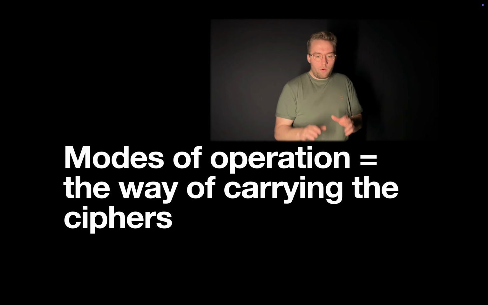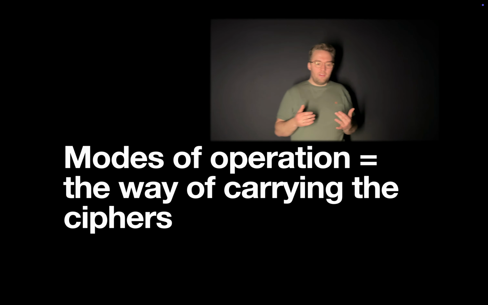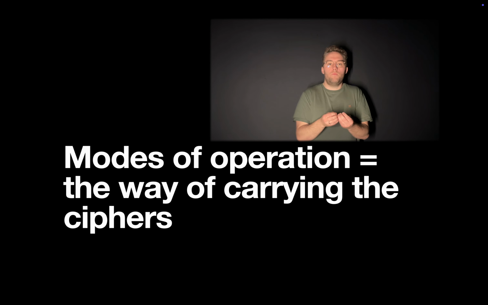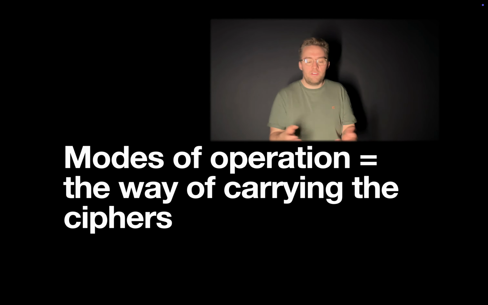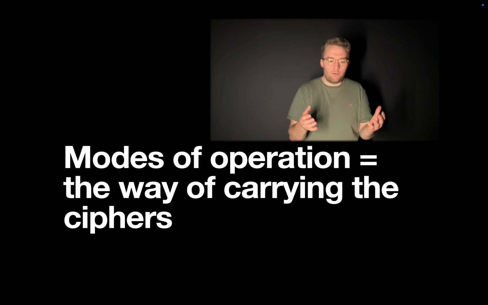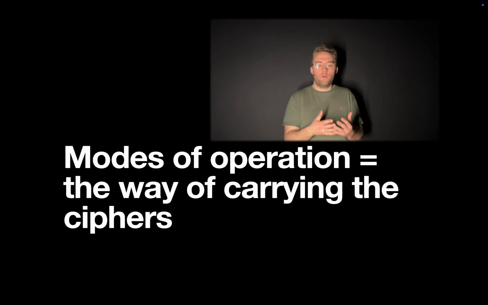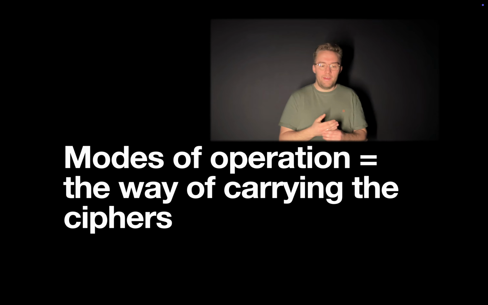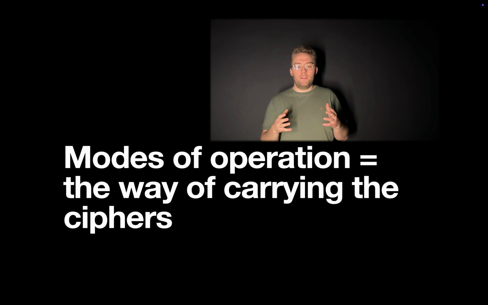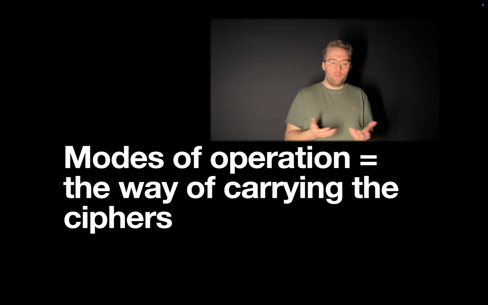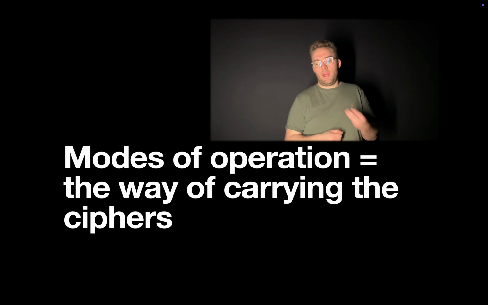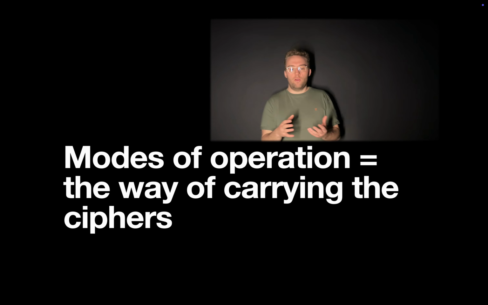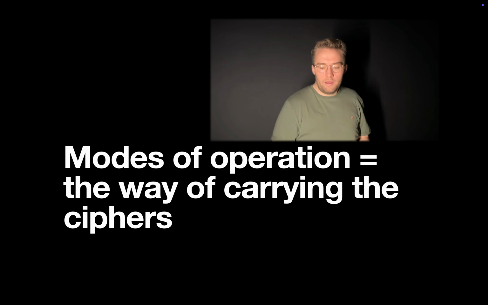It is the way the ciphers are carried on. After encrypting, you need to somehow store the ciphers correctly, and therefore you have these modes of operation to ensure that the ciphers get stored correctly.